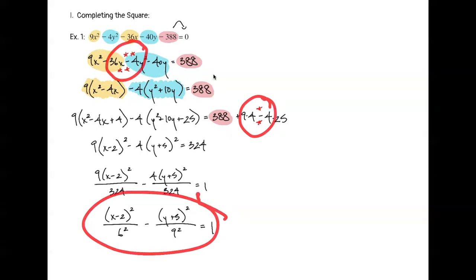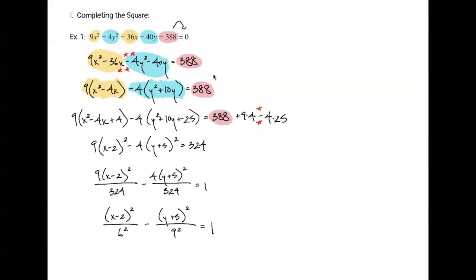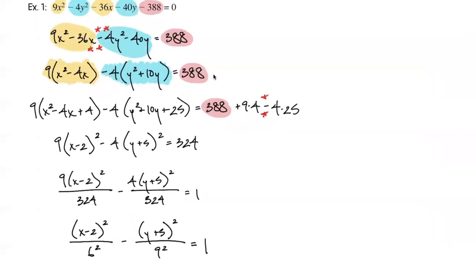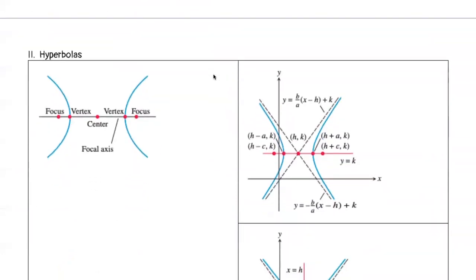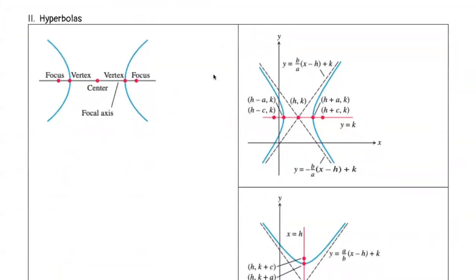And so what I actually want to do is go ahead and take a look at a general look of what these hyperbolas look like, okay? On this next page, we'll see that a classic hyperbola has those two branches, right?